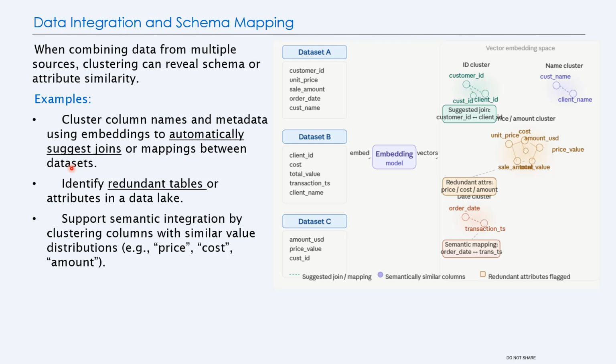So this kind of thing is very important for data integration and schema mapping. So we can identify redundant tables or attributes in a data lake. So it supports semantic integration by clustering concepts with similar value distribution.